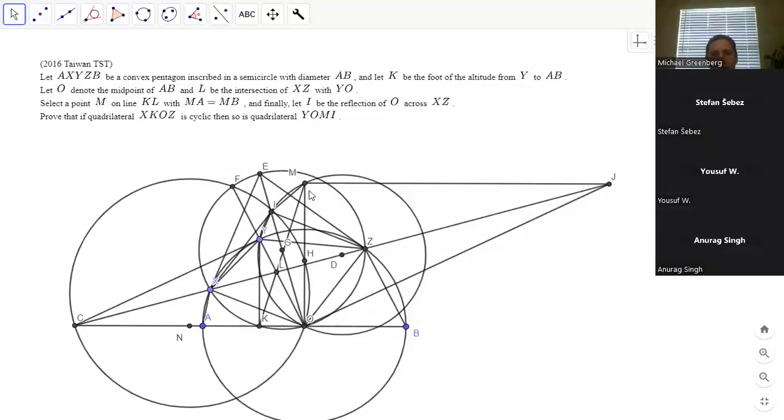Inversion probably would have worked also, but this does it. So I'm just going to hide this stuff for now. I'm sure there was a way to do it with those points. It's interesting how point J on the surface doesn't look too useful, but it actually solves the problem.